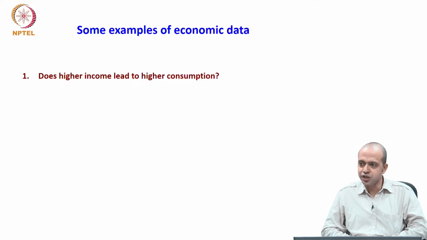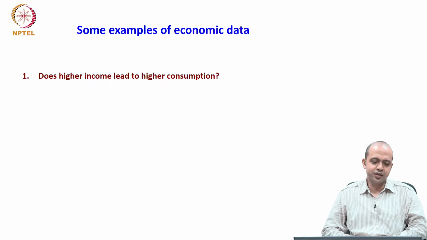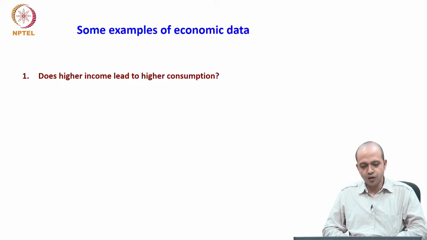Then consumption is also an economic decision. What I will consume, how much I will consume, it all depends on the price of the product, what my need is, and so on. So, both income and consumption are generated from economic decision making, that is why both are economic data.